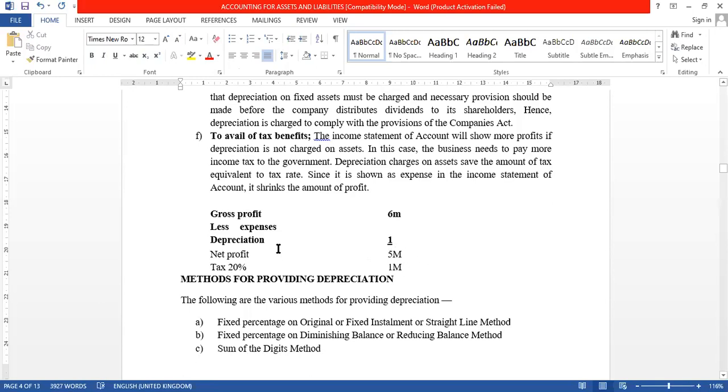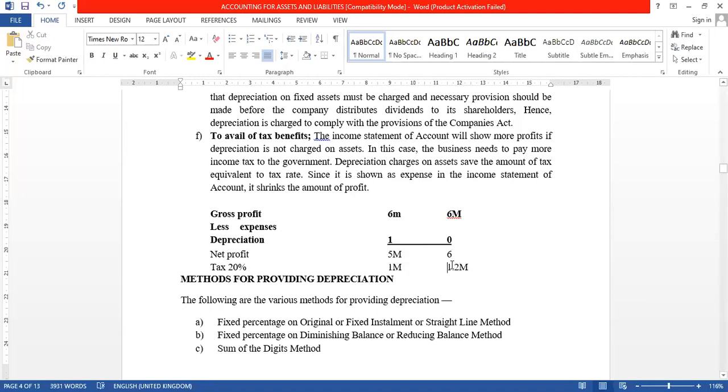So you can imagine if you decide not to charge that depreciation, the gross profit was 6 million, right? On the expenses side, you have 0, and then net profit becomes 6 million, and the tax would be 20% of that. That is 1.2 million, right?